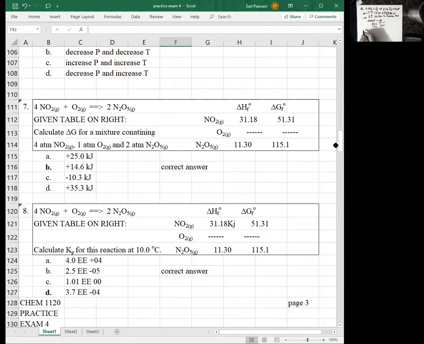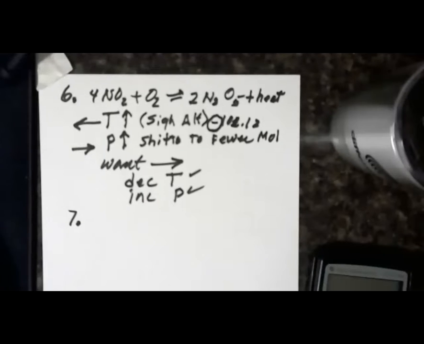Okay, so let's go down to number 7. And number 7, we want delta G for a mixture. Okay, that's other than the standard mixture. So let's go over to the pad.